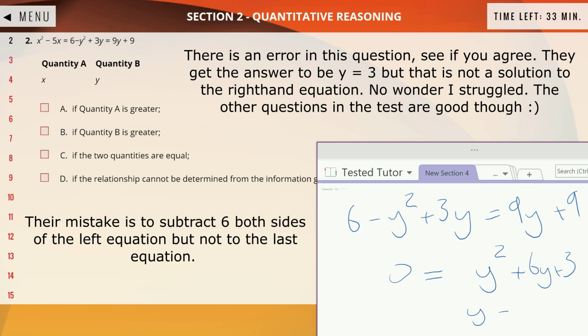Obviously the right-hand side factorizes, x minus 5. But what we're going to do here, let's think about this. Could pick numbers. It's a little bit desperate.